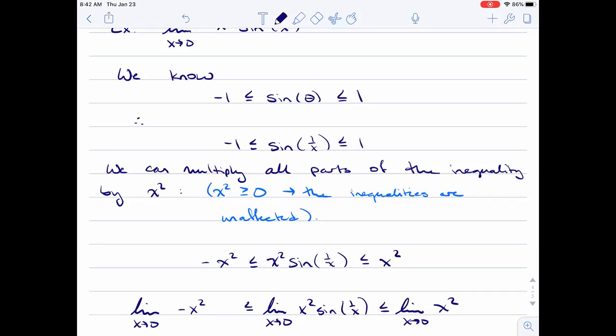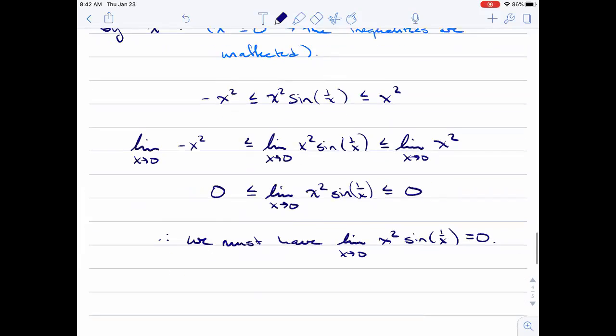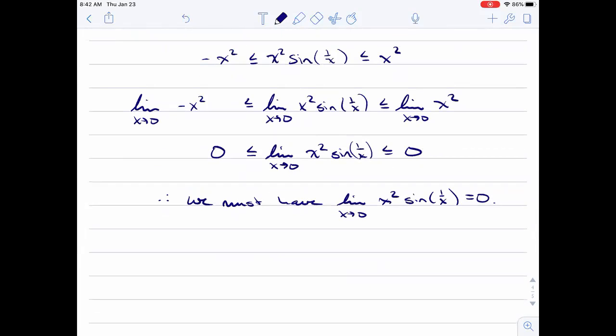So do what you have to do to get the middle part to look like the one you're interested in. What you'll find is that the outside portions should be pretty easy to find the limits of, right? And then those limits should be the same if it says to use the squeeze theorem. And then you can just say by the squeeze theorem, I know what the limit is. And in this case, it's 0.